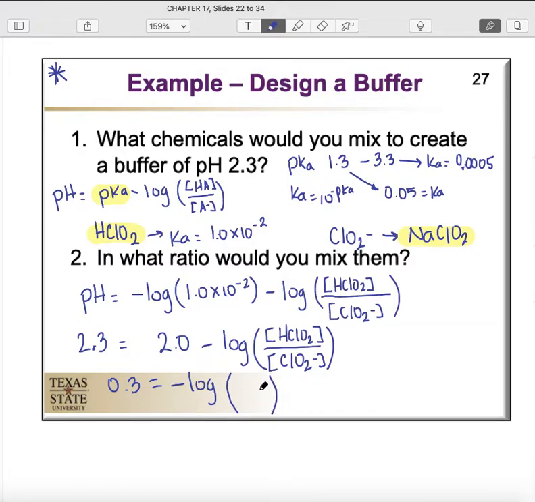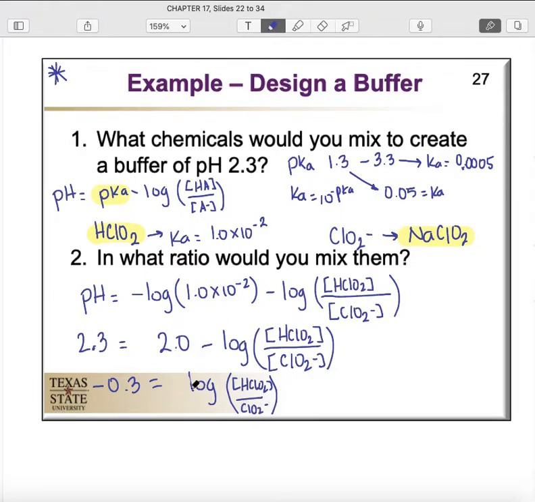So now we need to get rid of the log. And to do that, the first thing that I'm going to do is get rid of the negative sign. So I'm going to multiply both sides by -1. And that means that this negative goes away, and instead, the other side is going to be negative. So I have negative 0.3 is equal to the log of the HClO2 divided by the ClO2 minus.